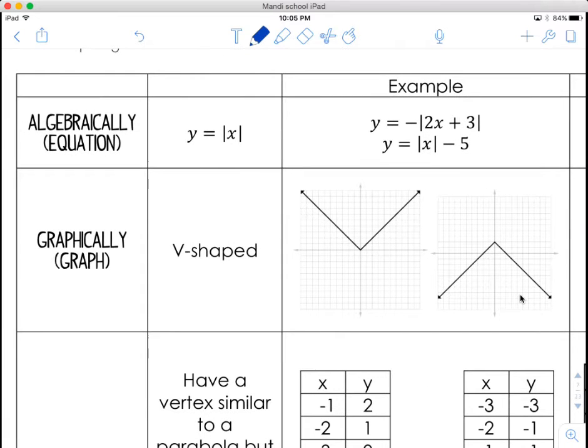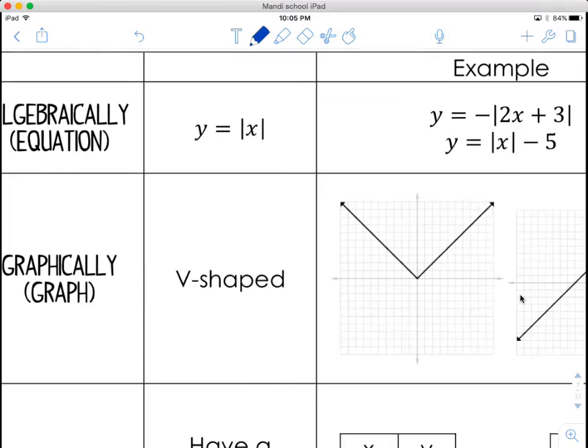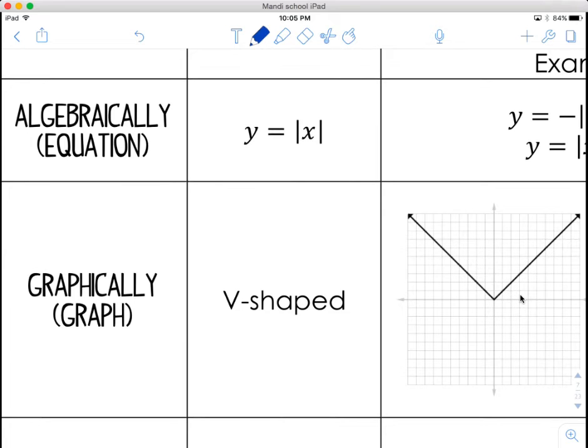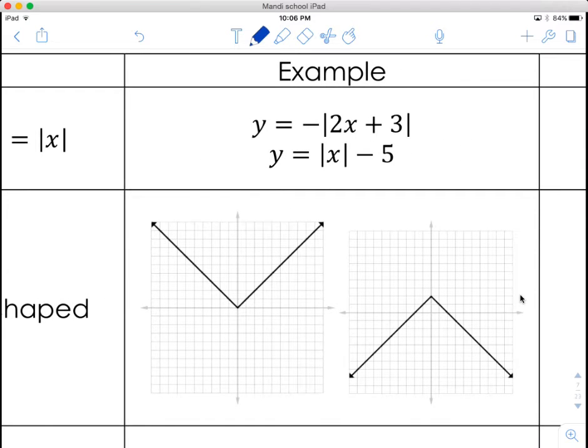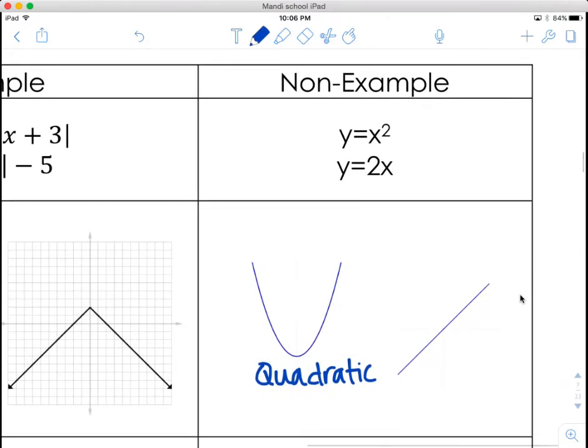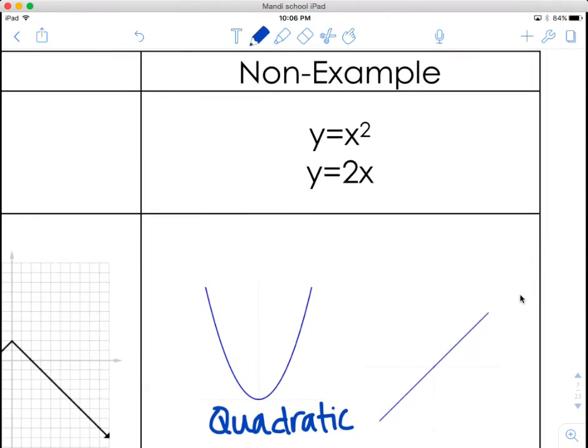Now we've already solved some absolute value problems. This time we just set it equal to y. So you know that the absolute value has the two lines around it. Things can happen inside the absolute value, outside the absolute value. You can have negatives in front of it, numbers added or subtracted outside. We know that these aren't because they don't have the bars around it. This has an x squared, so this would be quadratic.